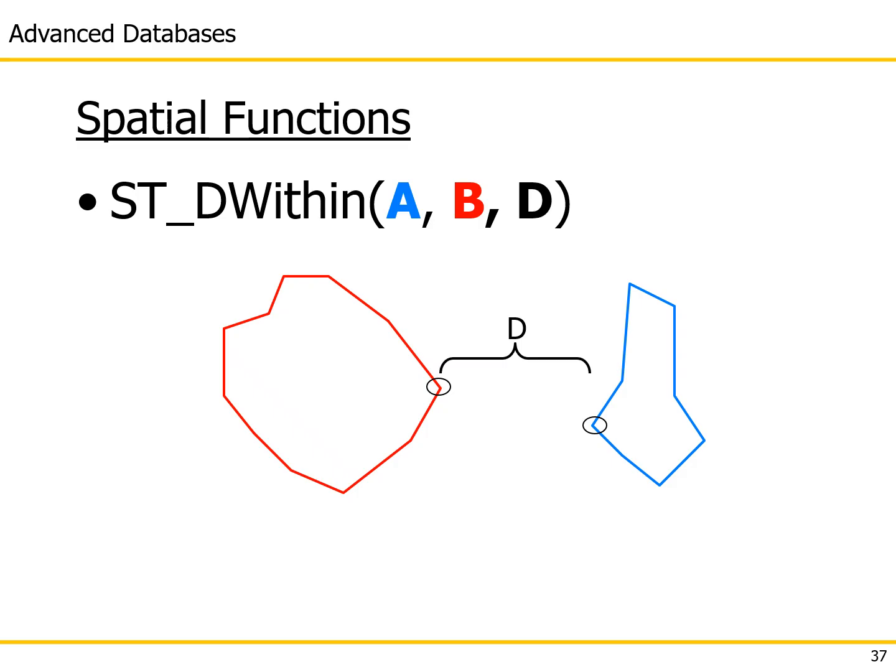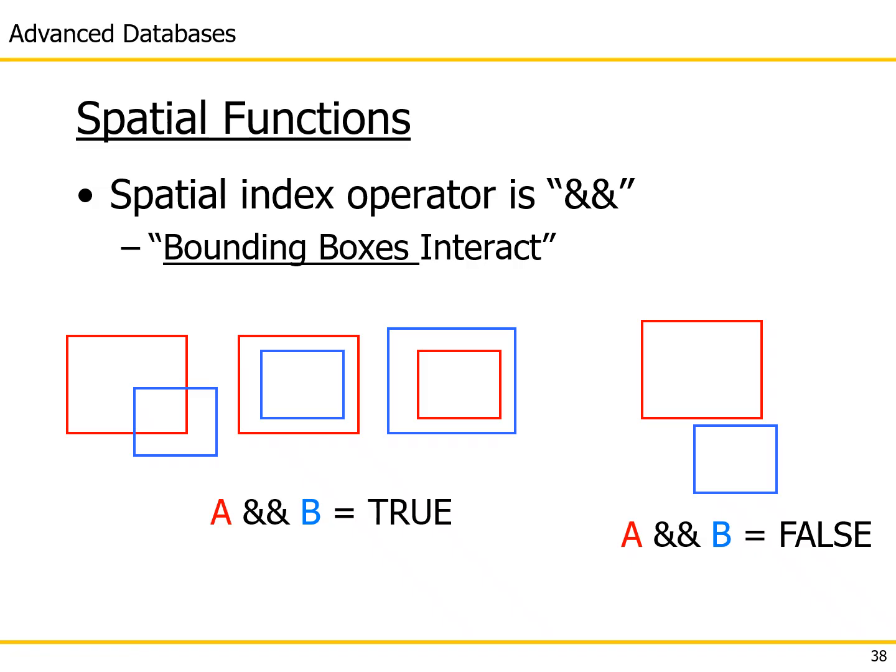Another nice feature in PostGIS is this testing for what's called bounding boxes, okay? So the bounding boxes check operator is the 2 ampersands together without a space between them, and they check if the bounding boxes are actually interacting, and interacting here includes one being within the other or there is an overlap between them. So we will come to the notion of bounding boxes later on because this turns out to be a very important simplification we could make to have our computations done as fast as we can.